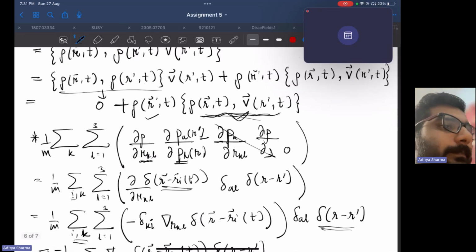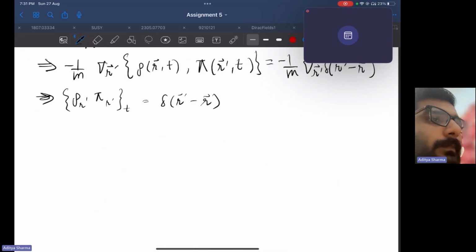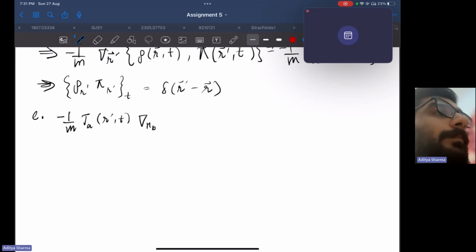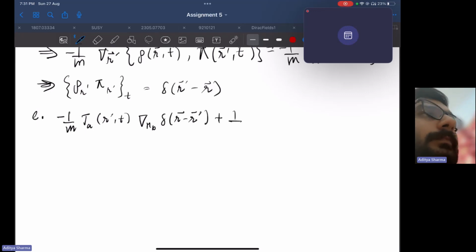We have E, which is the current distance. So minus 1 by m j a r prime t, j b.